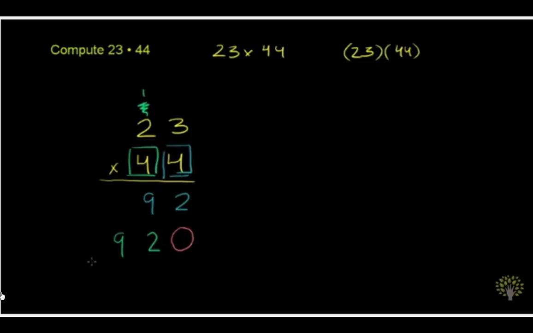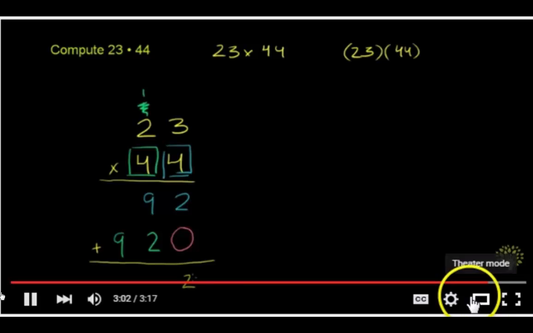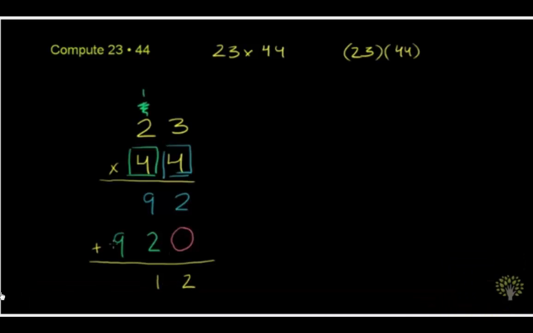I just want to make sure we understand what we're doing here. And so we can take their sum now. Let's add them up. 2 plus 0 is 2. 9 plus 2 is 11. Carry the 1. 1 plus 9 is 10. Put a comma here just so it's easy to read every third digit. So 23 times 44 is 1,012.